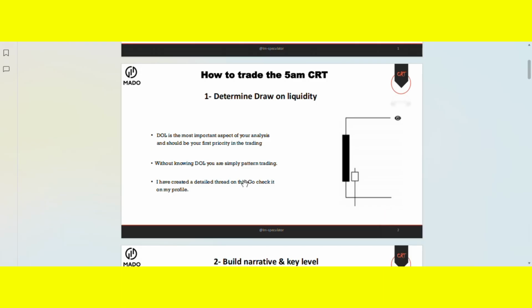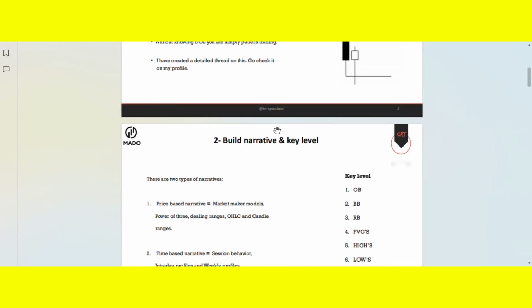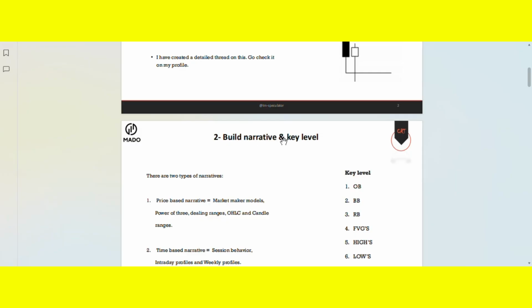Without knowing the draw on liquidity, you are simply a pattern trader. Now I have created a detailed thread on this. You can check on my profile or go through my previous post. So the first thing is to determine the draw on liquidity.